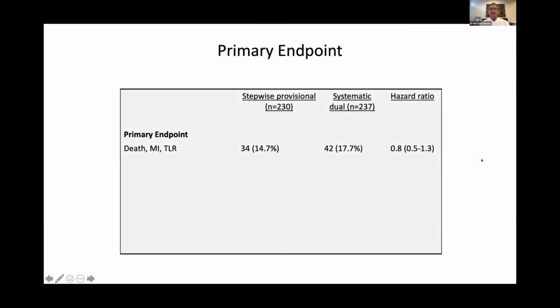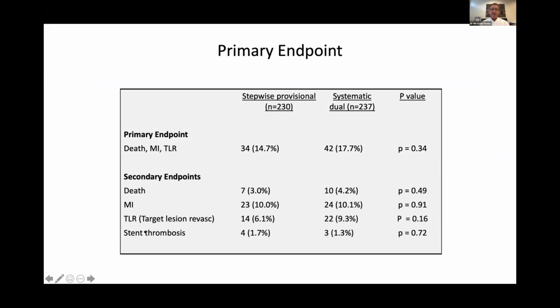This is the primary study endpoint: all-cause death, MI, target lesion revascularization, 14.7% versus 17.7%, not a significant difference. Even if we look at the secondary endpoint of death, MI, TLR, and stent thrombosis, there was no significant difference.